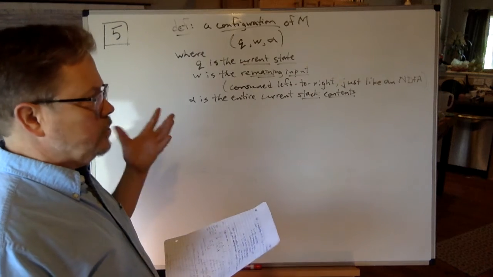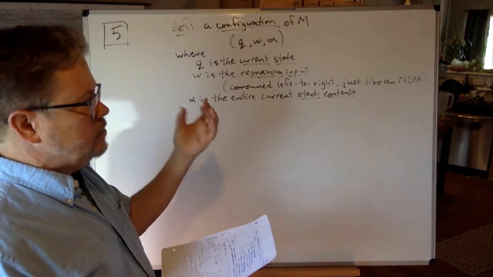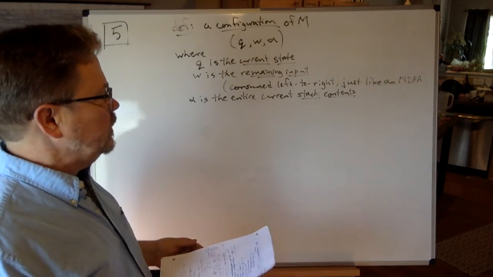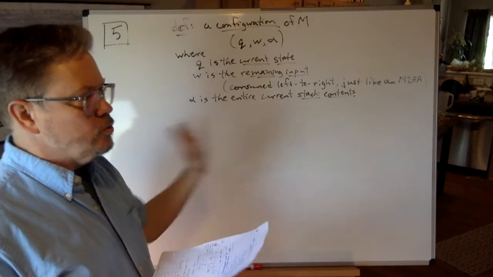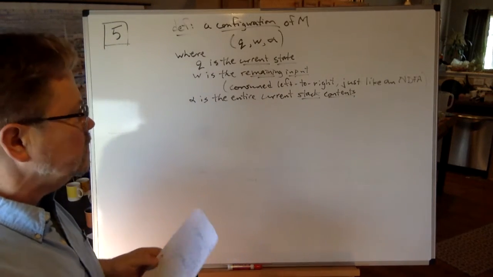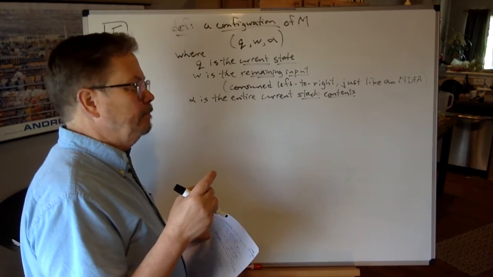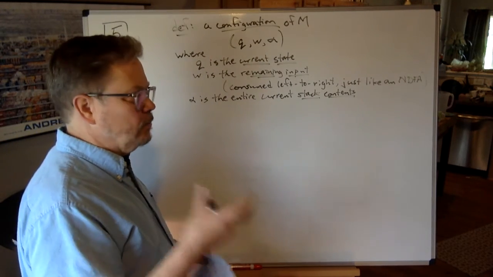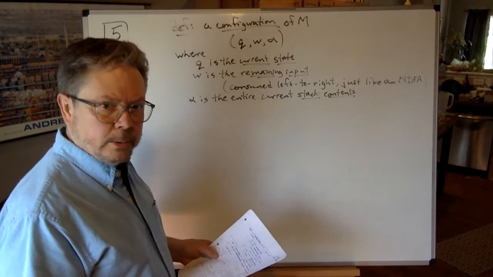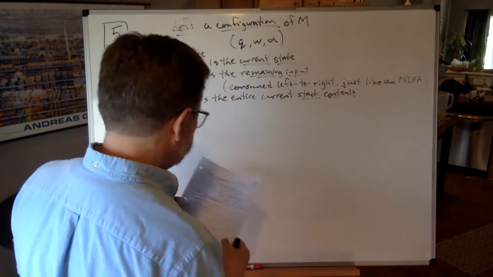And unlike the input string, which is a one-way trip, so it's going to be shrinking and shrinking as we go from one configuration to the next, the stack could grow and shrink and do any kind of stuff back and forth. Because remember, when we put something on the stack, we can actually put a string on there to replace the single input symbol, so it might grow significantly.